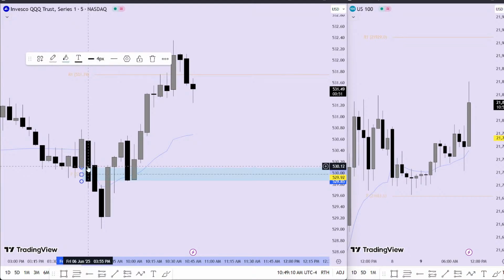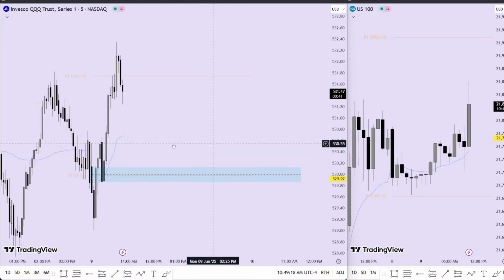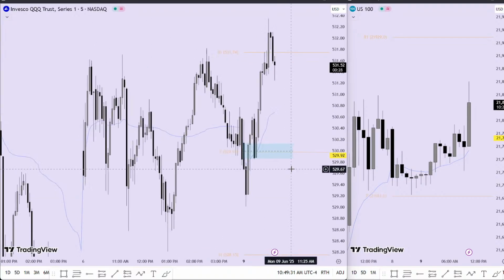That would be the Friday. Friday closed and we opened on Monday right around this point. This is the first area of interest. We are going to drag this box till 11 o'clock.